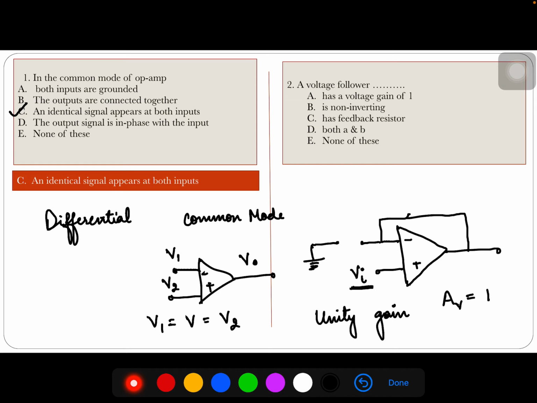As you can see, I have applied the input at the non-inverting end, so that is also correct. But the third option, that it has a feedback resistor, is wrong because, as you can see in the diagram, the feedback resistor is not present here. There is a short circuit. So the correct option is D, which is both A and B.